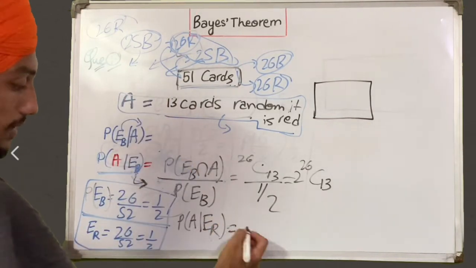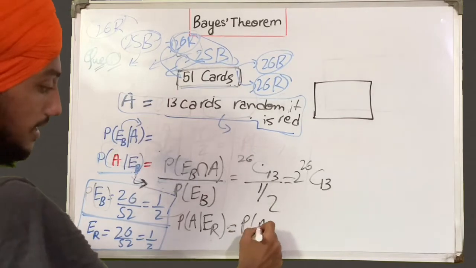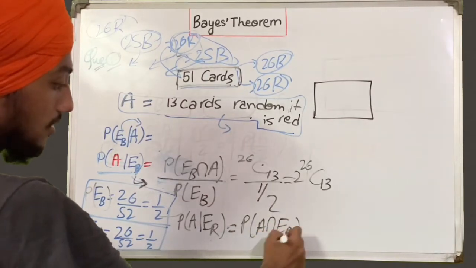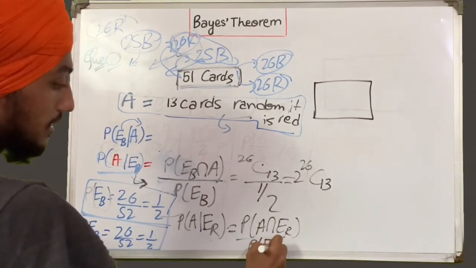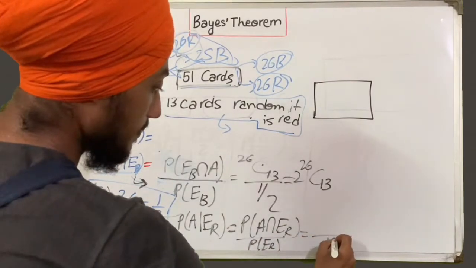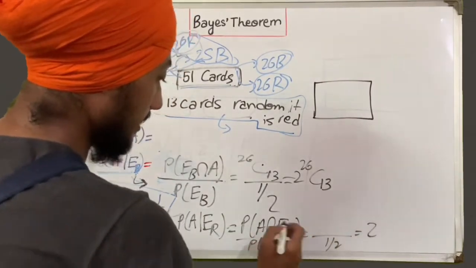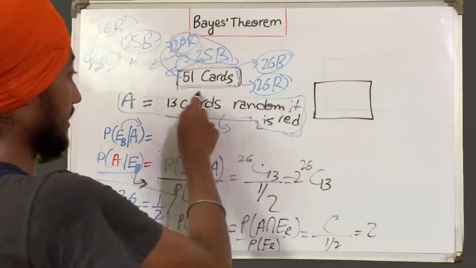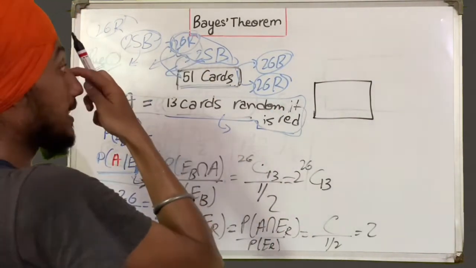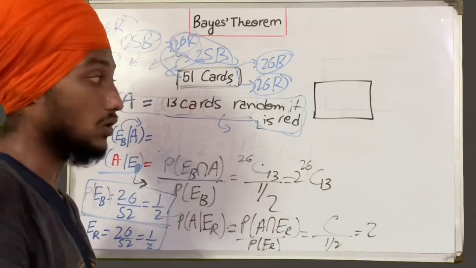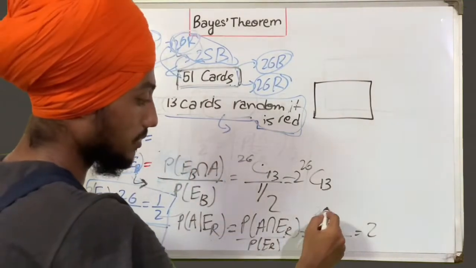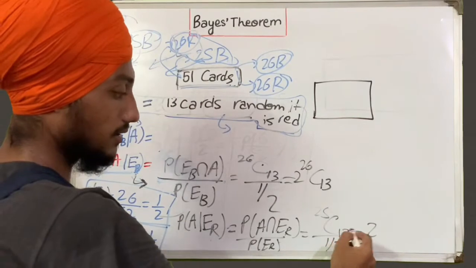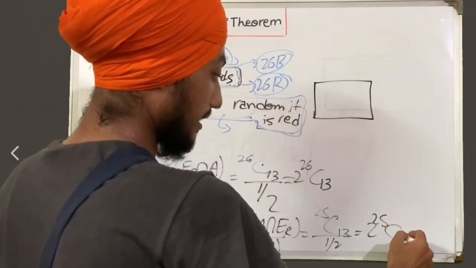So the probability should be like that: A and E red upon the probability of E red. Because the first 13 cards drawn are red, we are left with 25 red cards, not 26 red cards. Now it must be 25 and 13. It must be written like that.